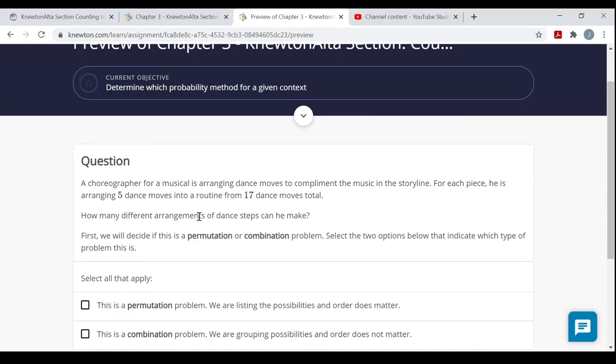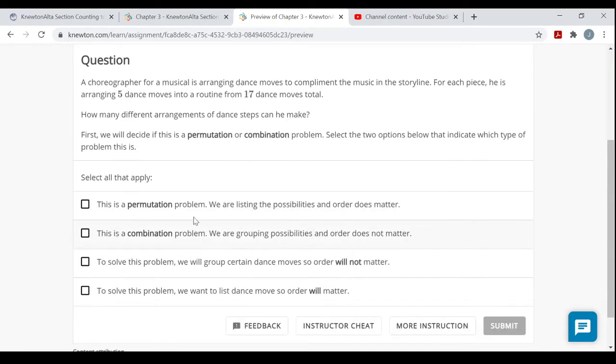Well, if you put the tap element first, then the jazz element second, that's a totally different dance than having the jazz element first, then the tap element second. So the order does matter. The arrangement of the piece matters. So this will definitely be a permutation problem. We are listing the possibilities and order does matter.